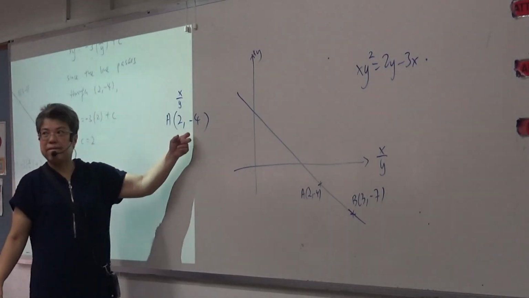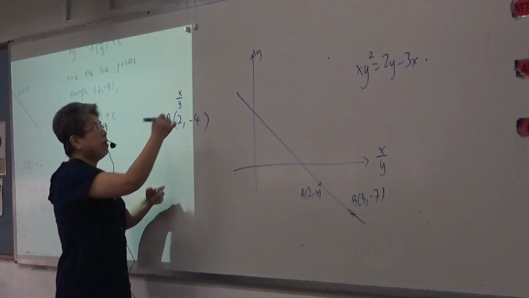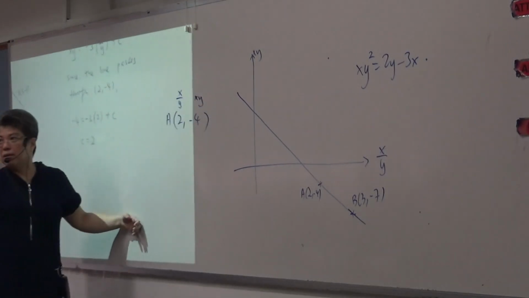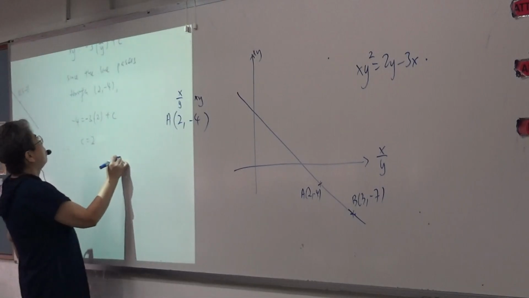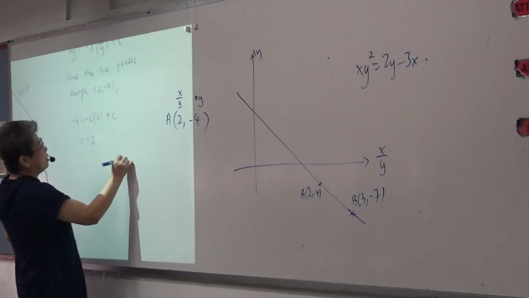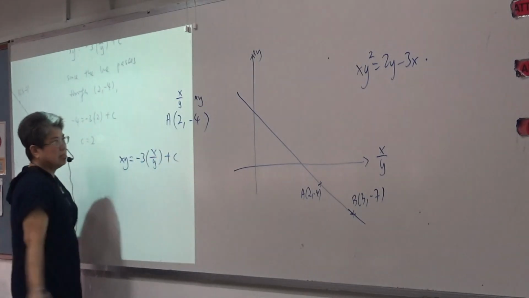What about this one? XY. Represent what? Xy, right? Can you see? The x, the horizontal coordinate and the vertical coordinate. So I have actually xy equals to negative 3 x over y plus c, right?